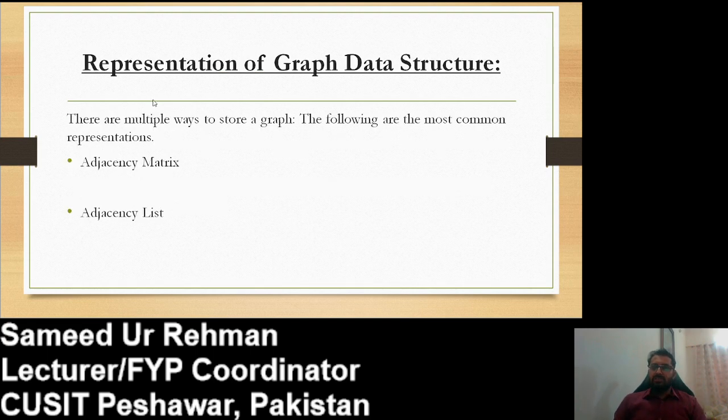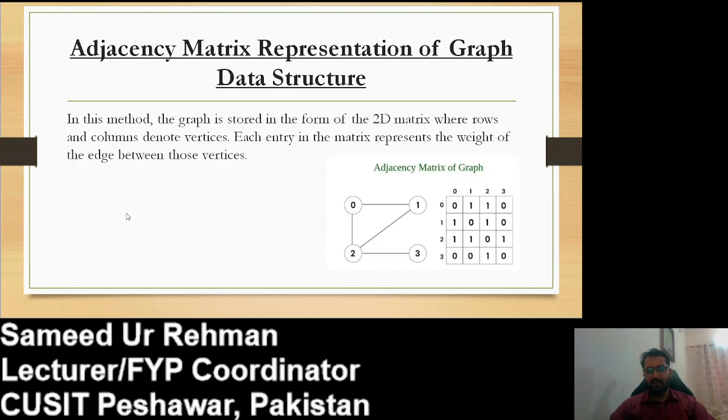The next section is the representation of a graph in data structures. We have two main common representations of a graph. Number one is the adjacency matrix. Number two is the adjacency list. These are the two ways to represent a graph.